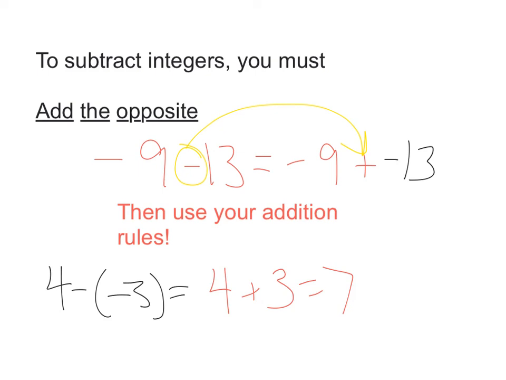So remember our addition rule. Our addition rule says same signs, we add the numbers together, so 9 plus 13 is 21, and we keep the signs of the numbers. So this sum is equal to negative 21.